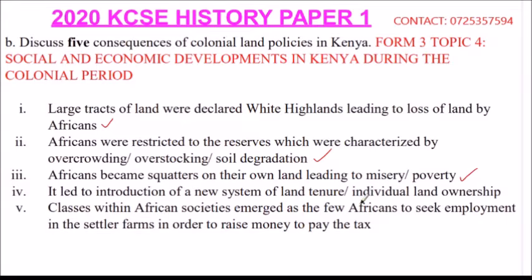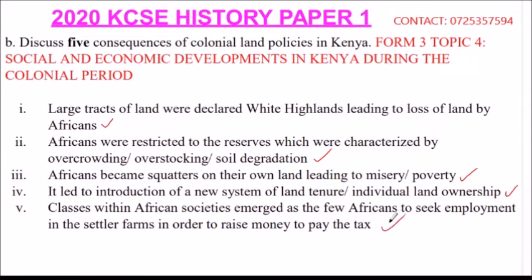Number 4, it led to the introduction of a new system of land tenure, individual ownership. So later on, the land was subdivided, and each was given a small portion. Number 5, classes within the African societies emerged as a few Africans sought employment on the settlers' farms in order to raise money to pay tax.